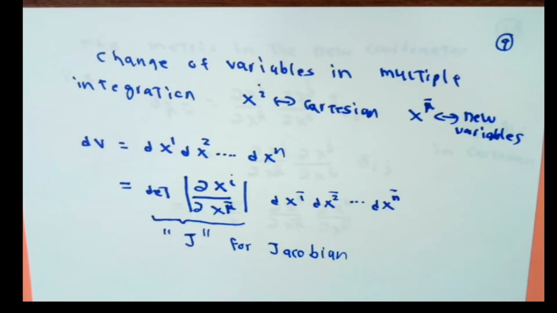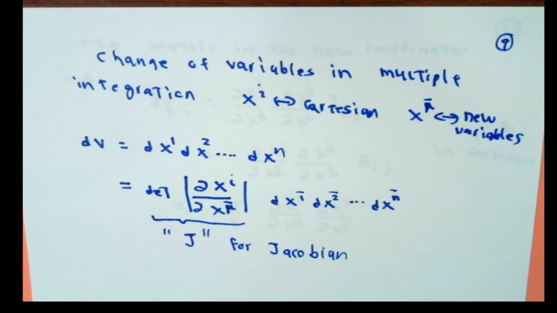As a reminder, back in Calculus 3, when you do change of variables in multiple integration, think of x^i as being Cartesian coordinates and the x^mu-bar as being new coordinates.